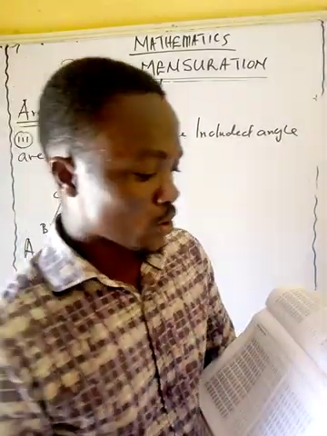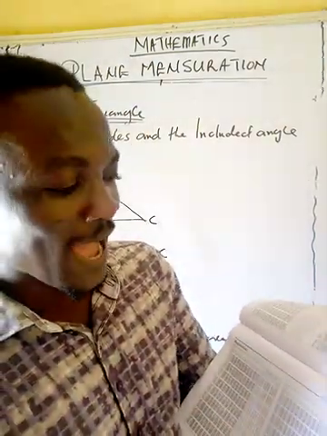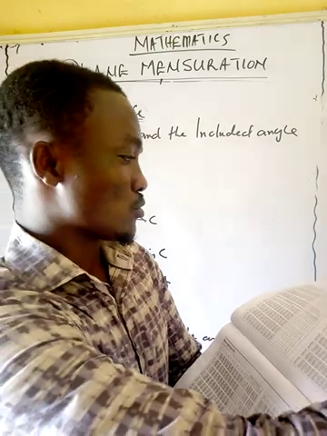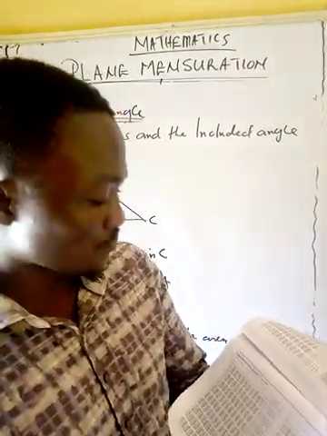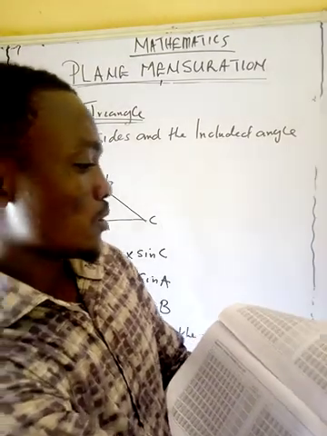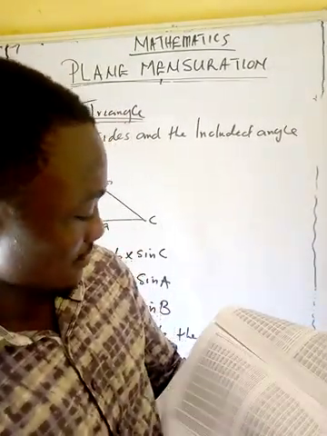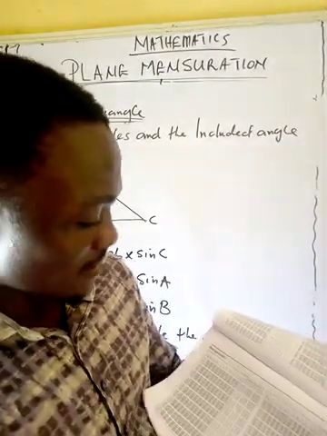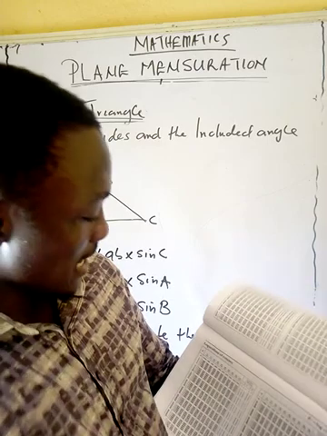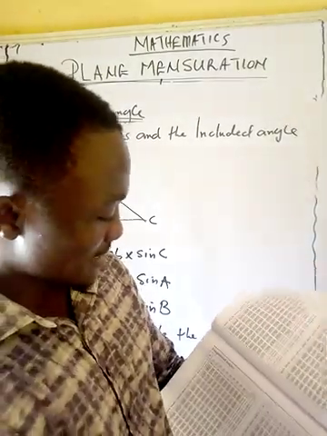Each textbook has some tables. If by virtue you don't have a 4-figure table, you take your 4-figure table and check sine. This is reciprocal, you check for sine, log, cosine, you don't need that.